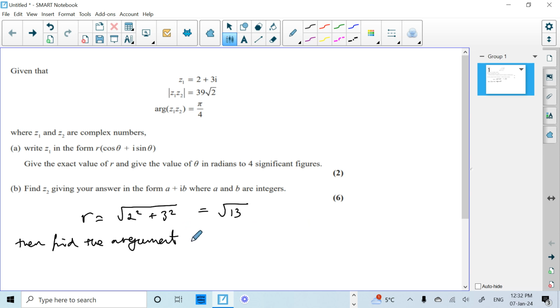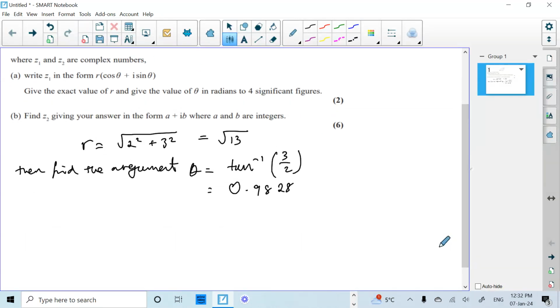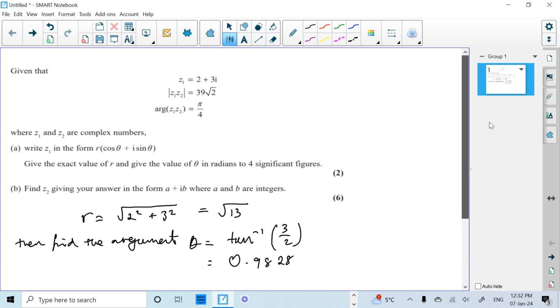Theta will be equal to the inverse tan of 3 over 2, and that gives you the value, in radians to 4 significant figures, 0.9828 on your calculator. Okay, now that's part A done.